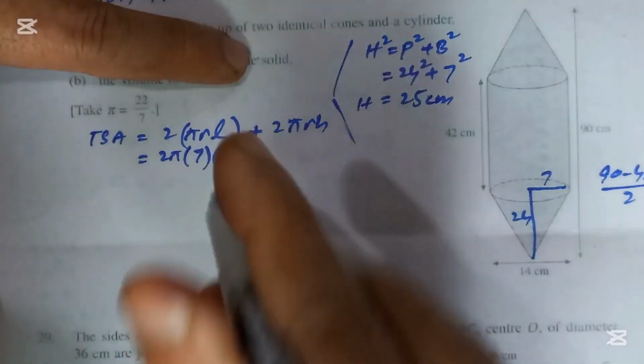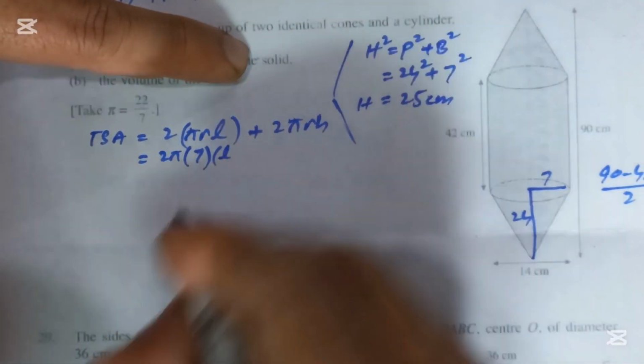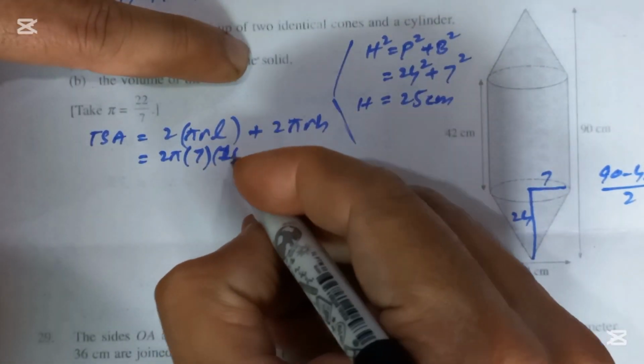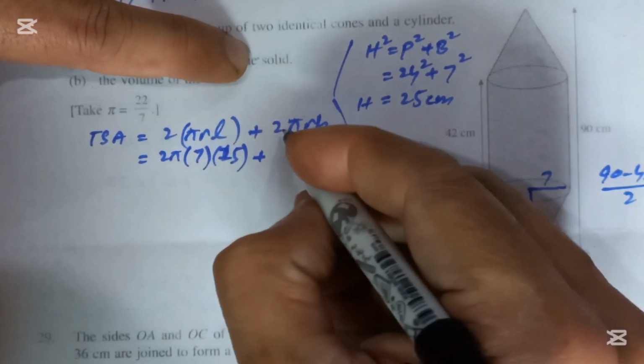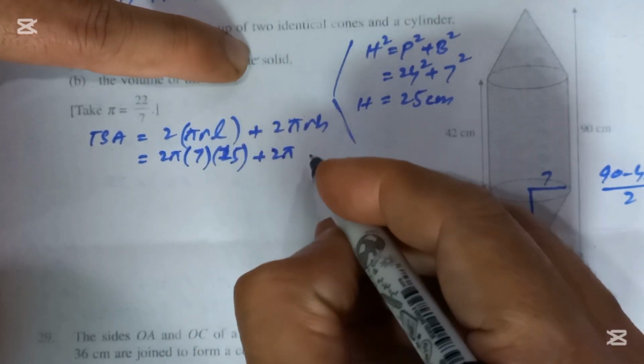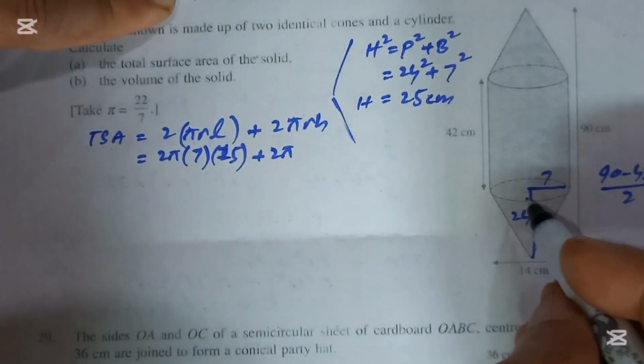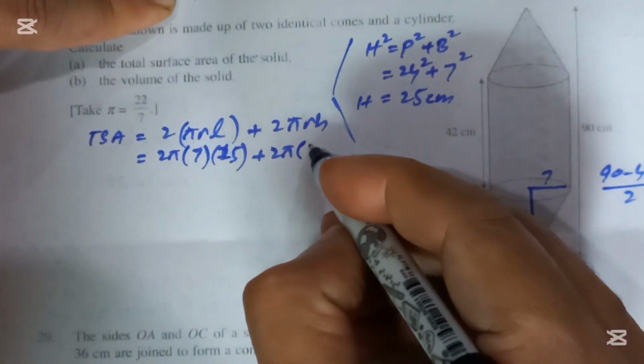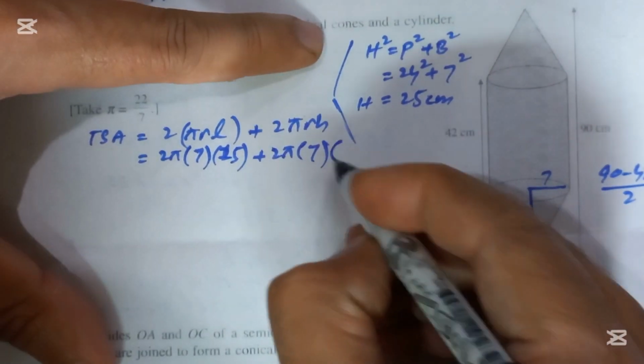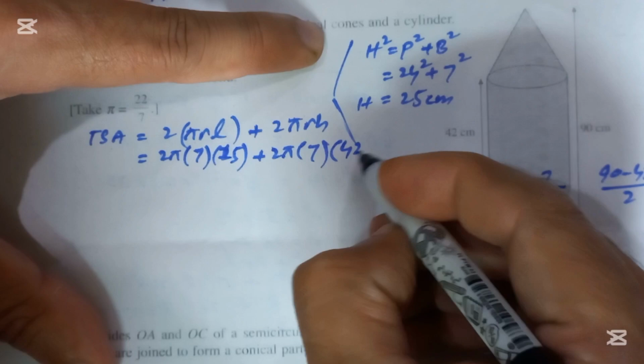Now apply this L in the formula, that is 25 plus this 2 pi will remain as it is. Radius of the cylinder is again 7 and h of the cylinder is 42.